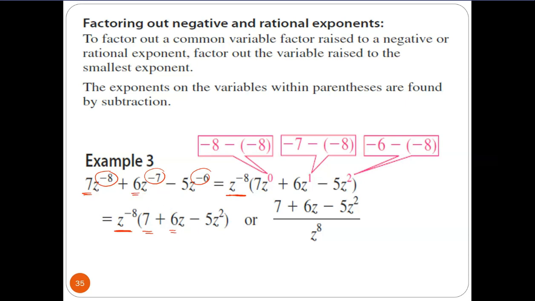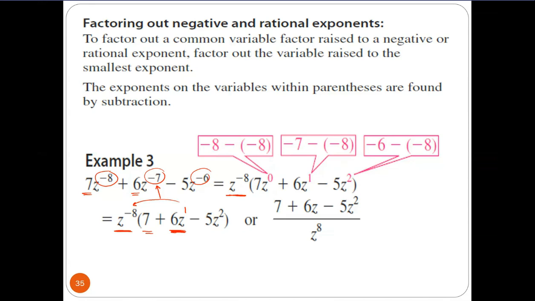But what is the value of the exponent of z? You take negative 11, so we put z to the power 1. Why? Because 1 plus 8 plus negative 8 equals negative 7.